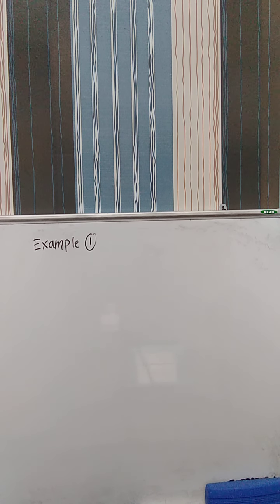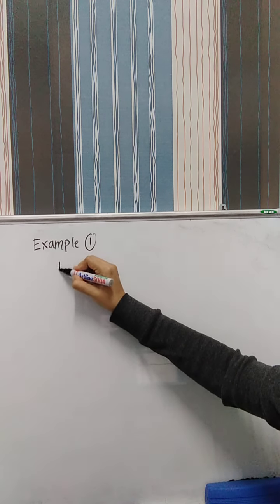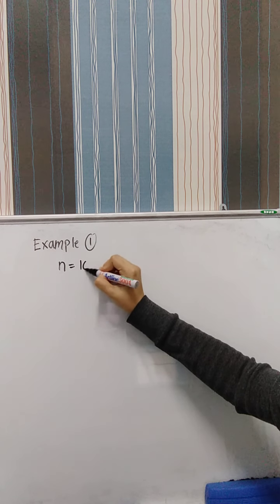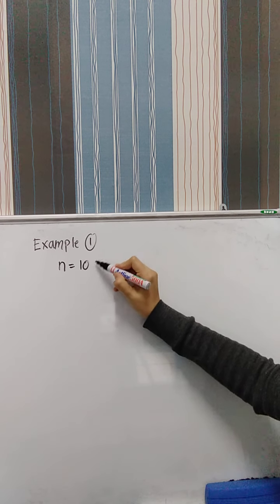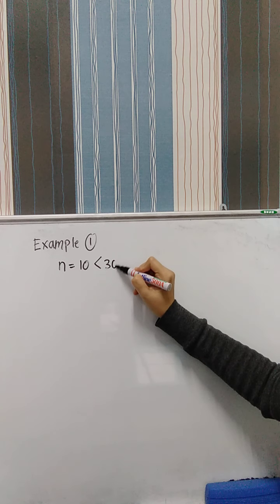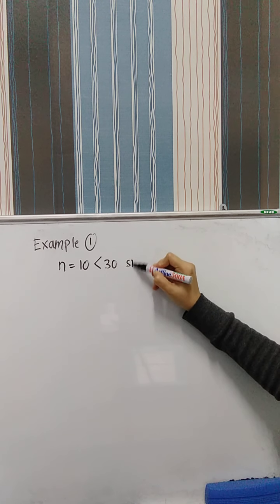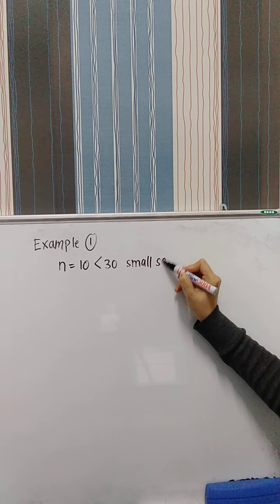A sample of 10 watch tests reveals a sample mean of 10.5 years with a standard deviation of 0.09 years. A sample of 10 means your n equals 10. You identify that this sample of 10 is less than 30, so this is a small sample.